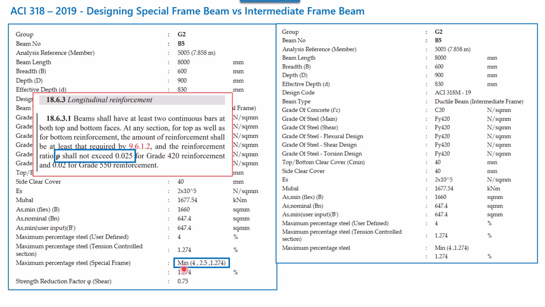For example, the maximum percentage of steel mentioned by the code for a special moment frame beam is that the rho value shall not exceed 0.0025, which means that we should not provide reinforcement greater than 2.5, whereas this clause is not applicable for a beam which is part of the intermediate moment resisting frame.